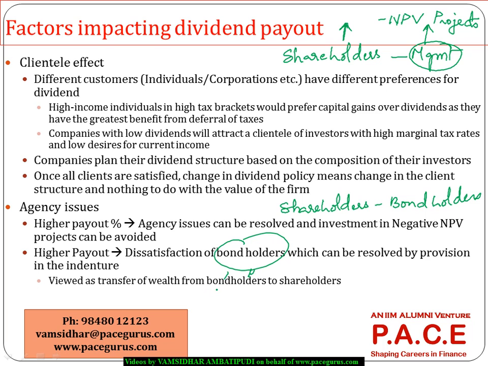The dissatisfaction between the bondholders and the shareholders will actually increase, because bondholders perceive that a high dividend means the company is not retaining enough cash which can help future growth, and if the company can't grow in future, bondholders perceive that their future interest and principal payments are at stake. So they have a bigger worry in case the dividend payouts are higher.